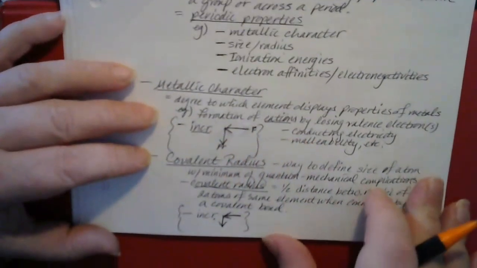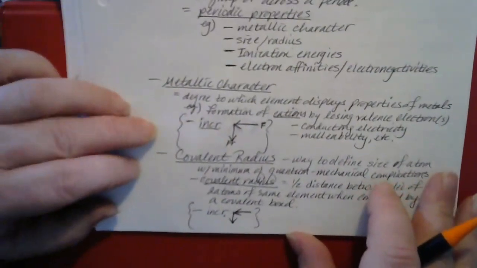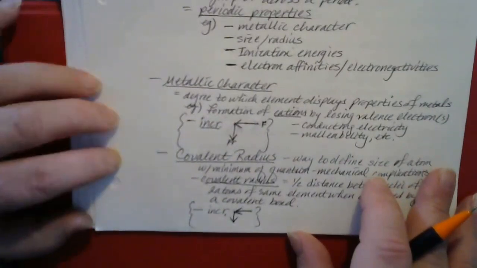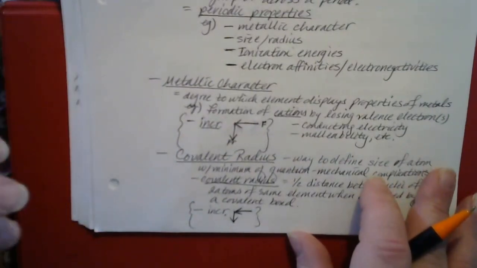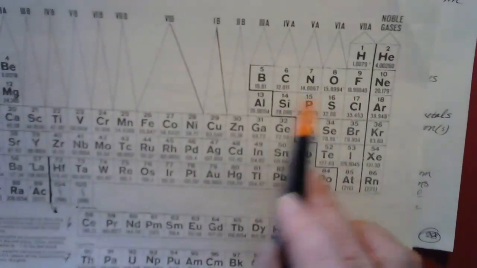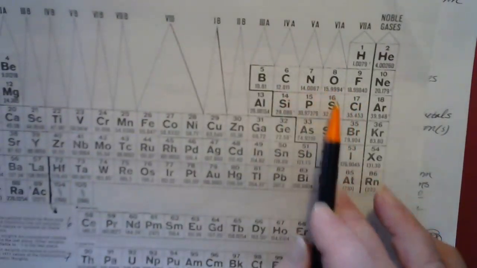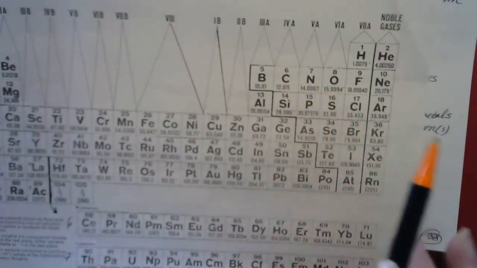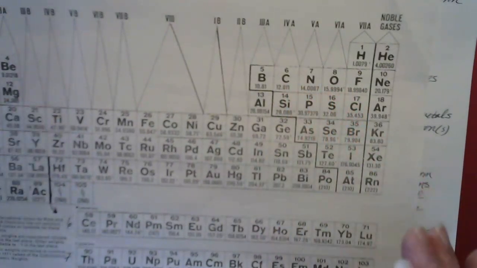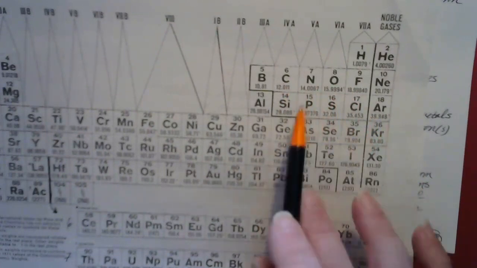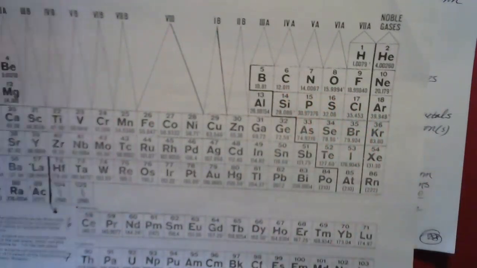There may be cases where you have to judge an element based on its metallic character. For instance, if you're writing the formula for a compound, especially one of the covalently bonded compounds that feature nothing but nonmetals, the convention is to write the formula with the more metallic element first. Well, if you're dealing with nonmetals, how do you do that?